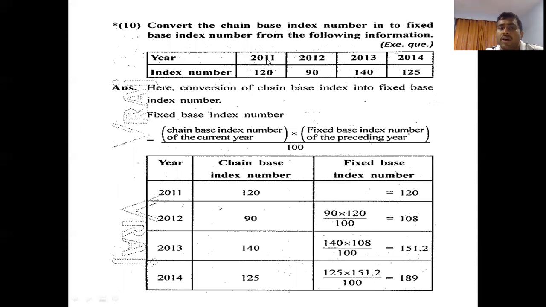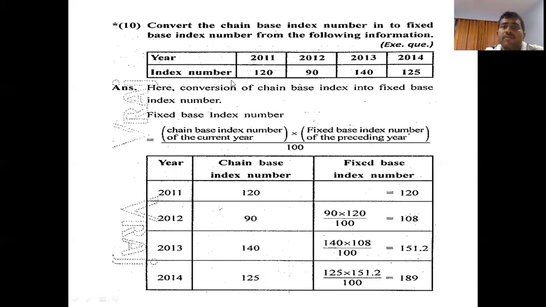Here 2011, 2012, 2013, 2014 are given to you. If you see the sum properly, your formula is in the question. Just see: convert the CBI, so CBI of current year into FBI of preceding year, whole upon 100.